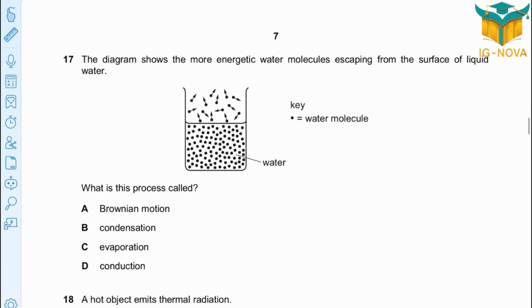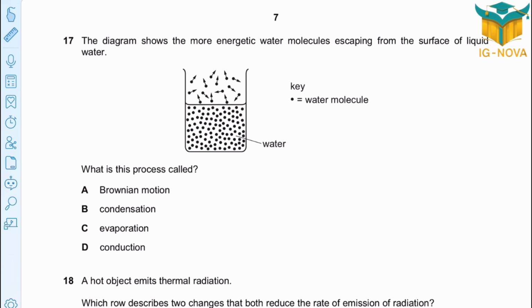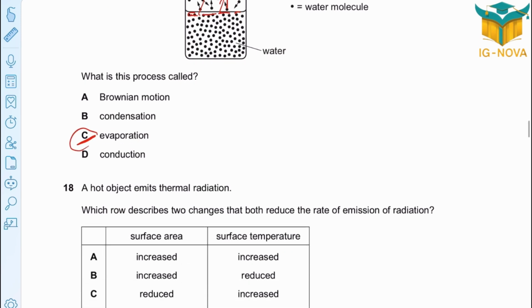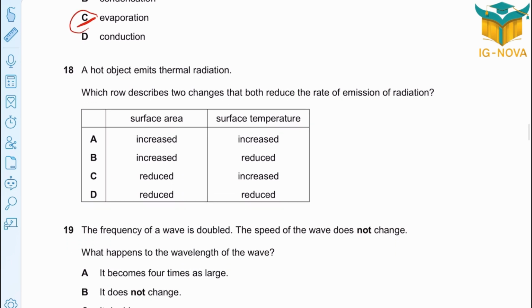Question 17. The diagram shows the more energetic water molecules escaping from the surface of the liquid water. Molecules of water here escape. What's this process called? As escaping, it's the evaporation process. Easy. Question 18. An object emits thermal radiation.